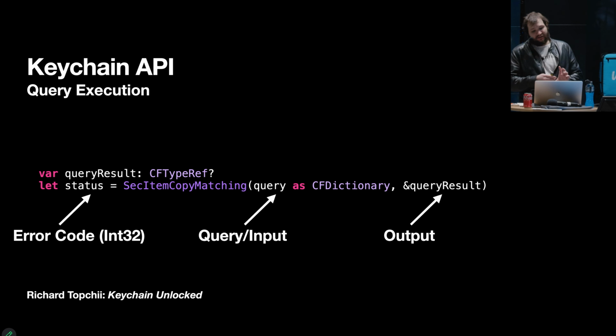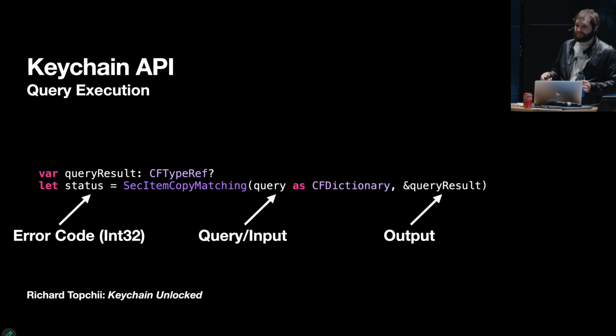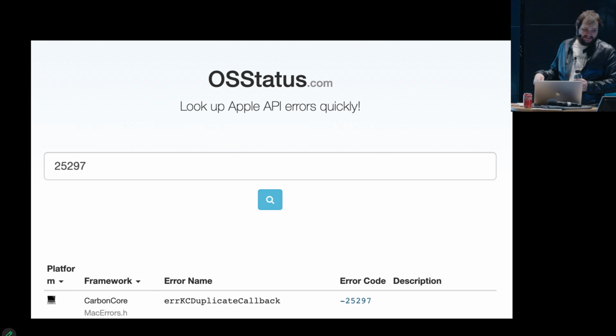And the output is actually passed separately as the parameter to the method. And then you check for the output whether there is something, and you check for the status if the operation has been successful. And the status is not like an error or value, of course, it's a number, something like that.